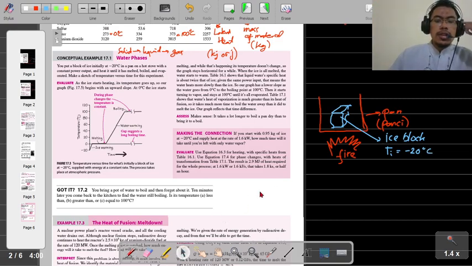Okay, so logically, when the ice is heated in a fire, the temperature will rise from minus 20 degrees Celsius to a higher temperature.